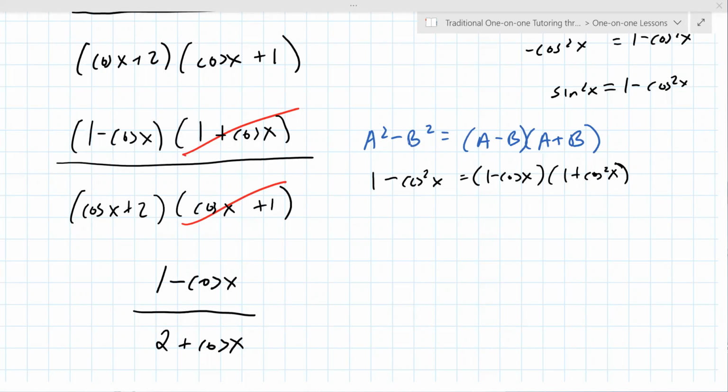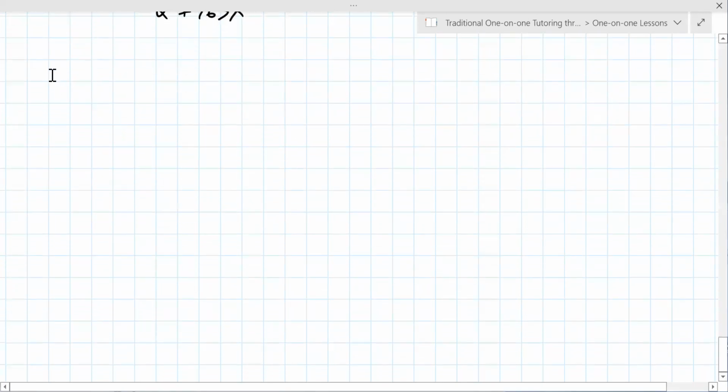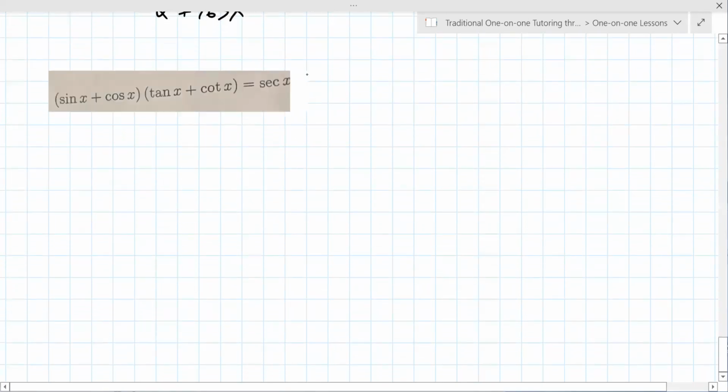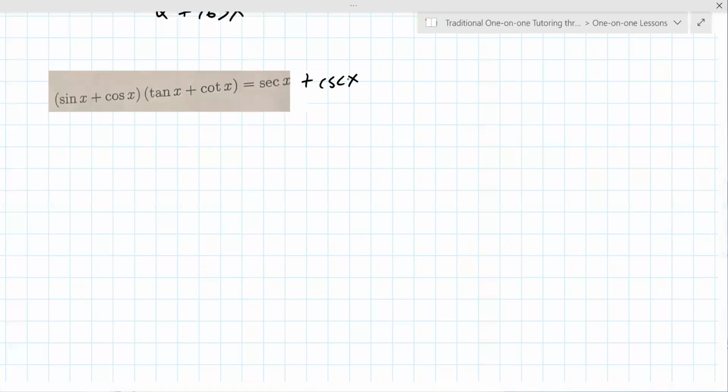So number 12, is there anything to the right of the secant on number 12? Plus cosecant x. Okay, let me snip that in. So it's plus cosecant x here. Which side is more complicated in your opinion? Probably the left side.